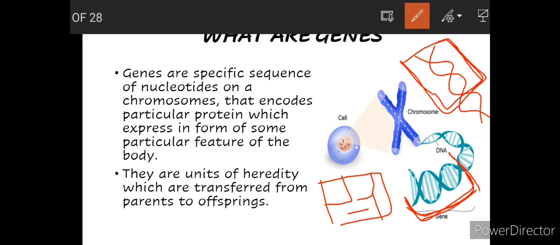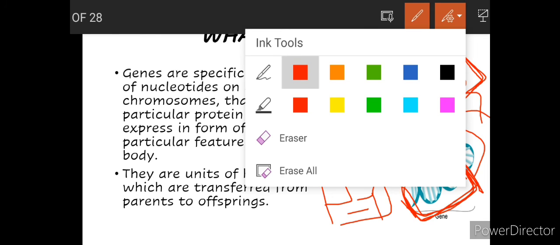For example, this part encodes that my hair will be black or brown, this part encodes that my eyes will be blue or black, this part tells how tall I am. So this part is called a gene, which encodes some feature.